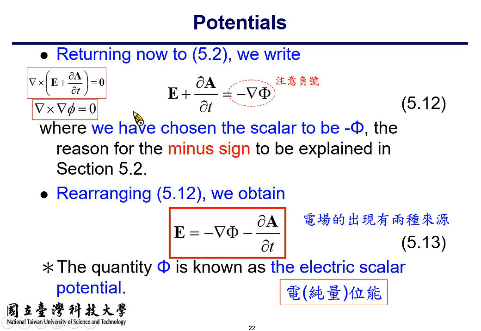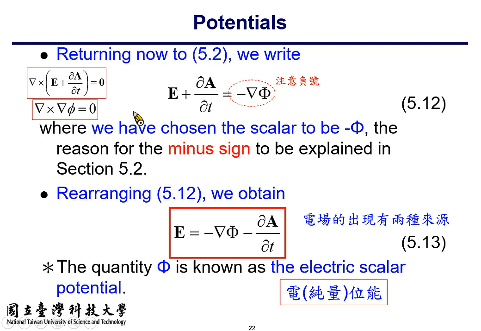Like equation 5.12, you can rewrite the electrical field intensity expression E as the sum of the gradient of a scalar phi and the time derivative of the magnetic vector potential A. So that tells you there are two methods to produce electrical field.